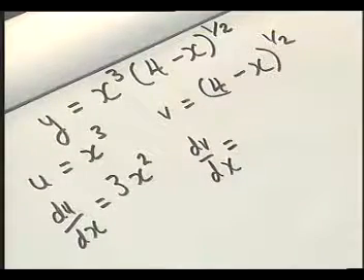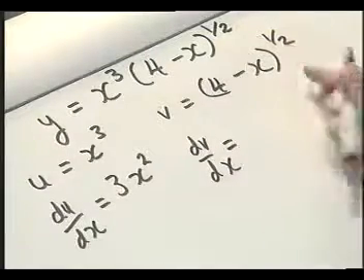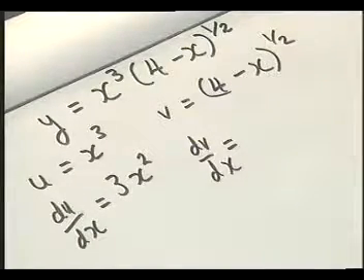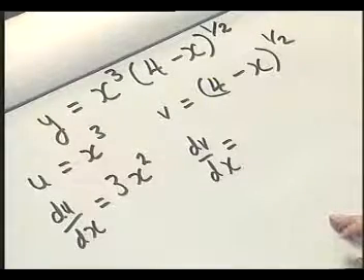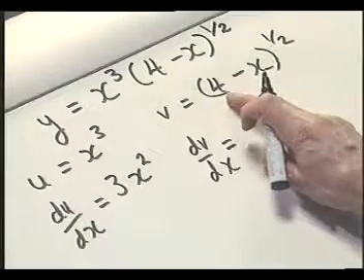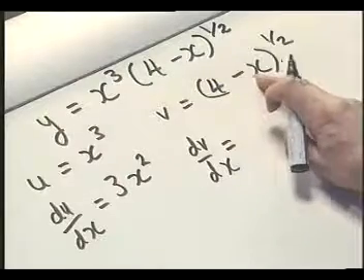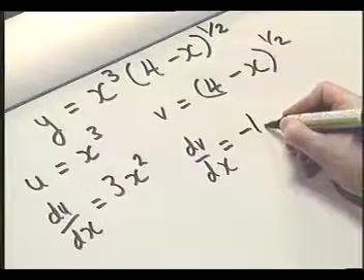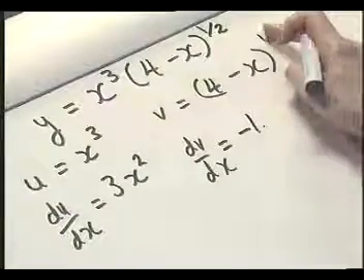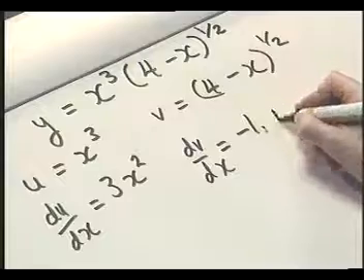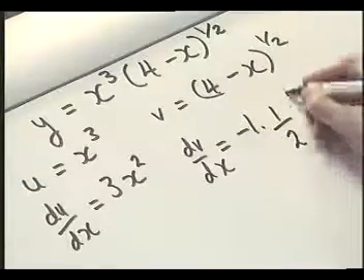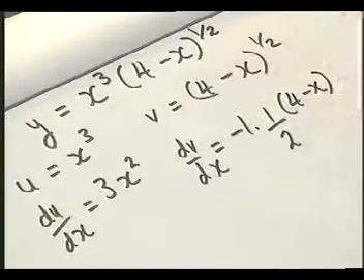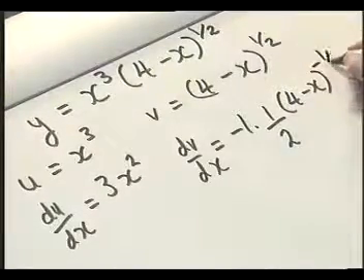Now this one's going to be a little bit different. We've got a half there, and we've got a minus x in there. Making use of our idea of function of a function, we differentiate this inside, so that's the derivative of minus x is minus 1. And then we must differentiate this, so we get a half times 4 minus x, and we take 1 away from a half, that gives us minus a half.